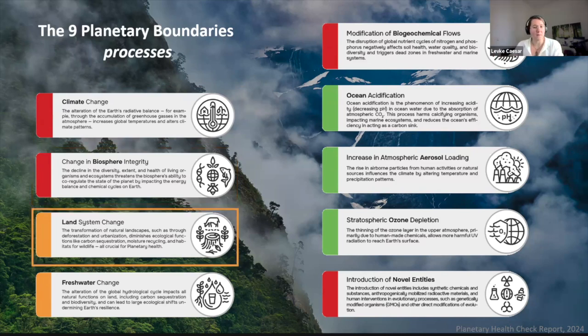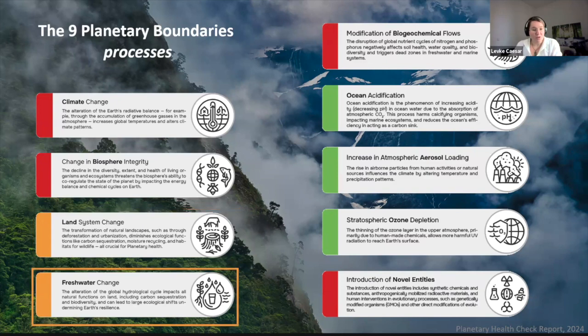It's the already mentioned change in land system, or how we use our lands. That is the transformation of intact nature due to, for example, deforestation or urban spread, which can erode ecological functions such as carbon sequestration.